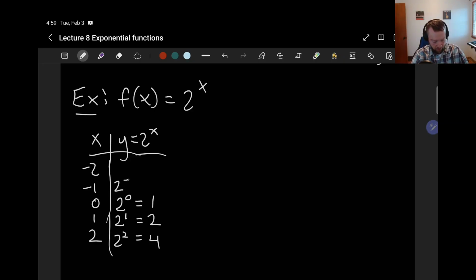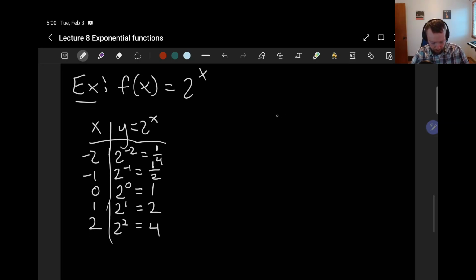With negatives, remember, a negative transports you to the other side of the fraction, if you will. So instead of 2 or 2 over 1, you have the reciprocal of that, 1 over 2. And likewise, 2 to the minus 2 is 1 over 2 squared, 1/4.